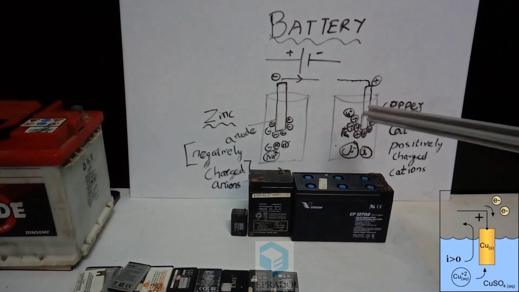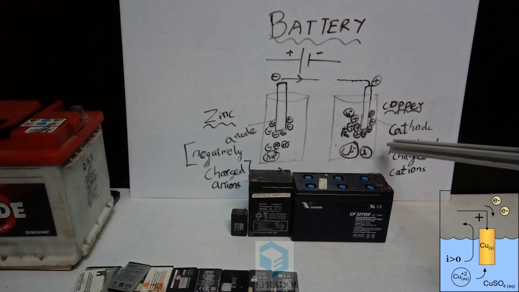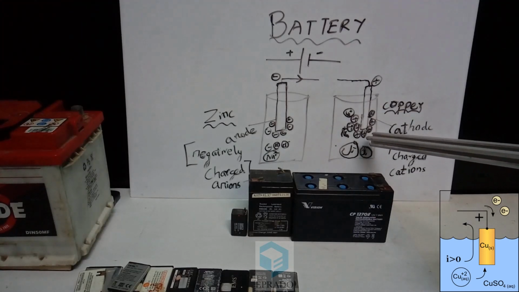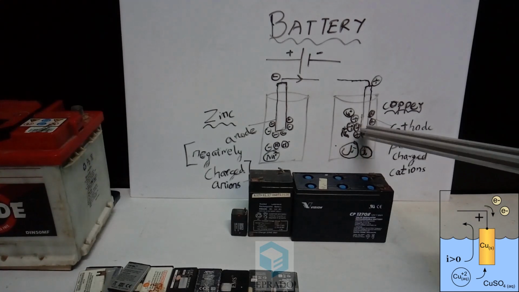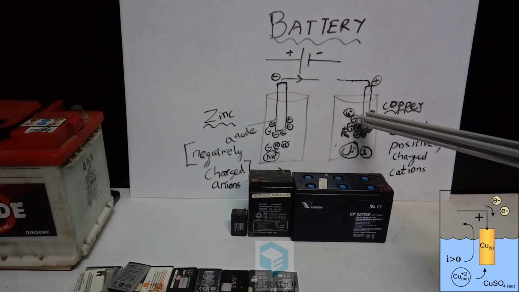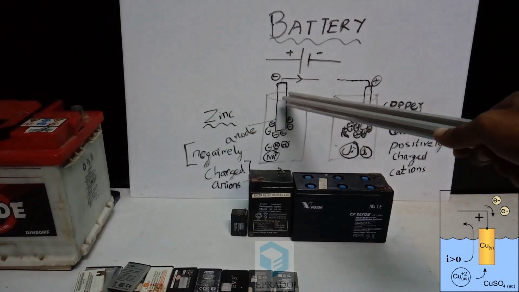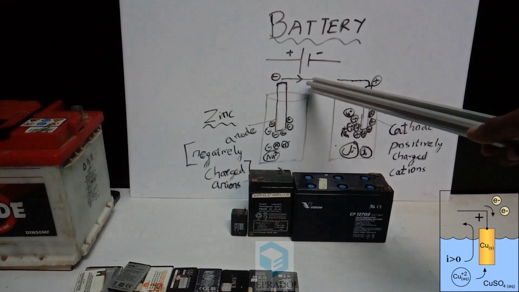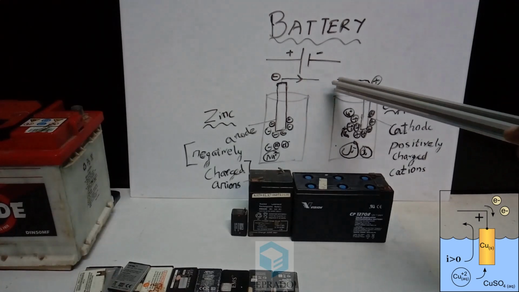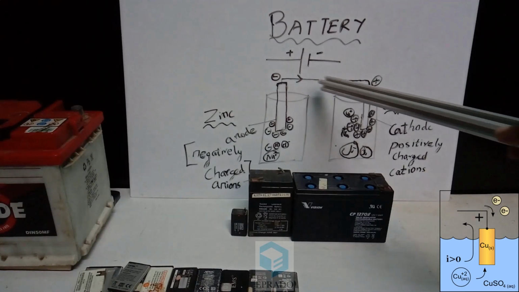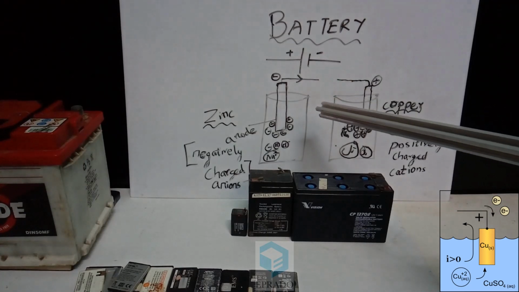So the atoms without an electron, that is they have an electron deficiency, can absorb electrons from this electrode through this wire if these two wires are connected.